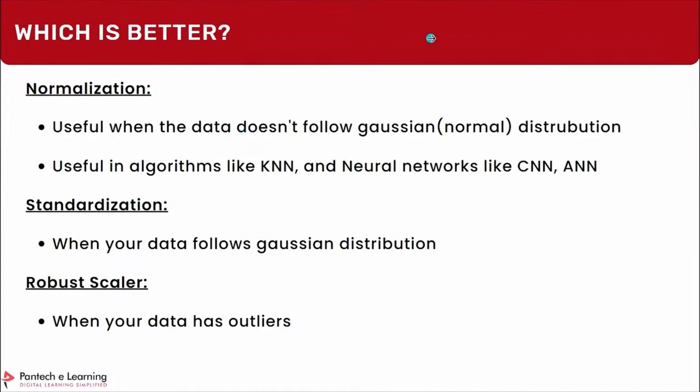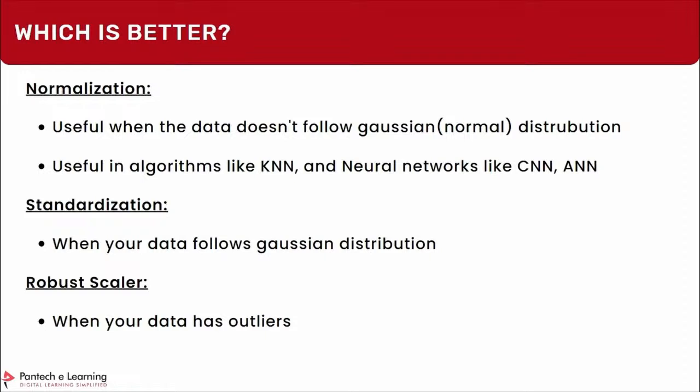And talking about which is better and when to use it, normalization is useful when the data doesn't follow Gaussian distribution. Gaussian distribution has a mean value of 0 and a standard deviation of 1. Actually, it will look like a bell-shaped curve.